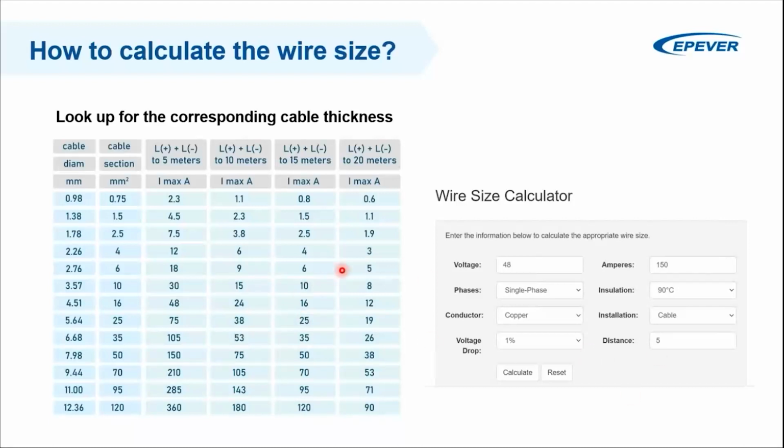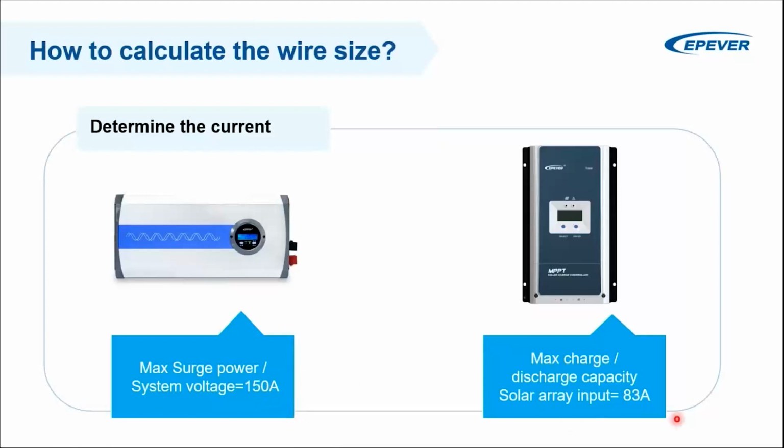So if we want to be quick and short, there is a thumb rule for that. It says, if you divide the amp capacity by 3, then you will get a number which is the thickness of the cable in square millimeters.